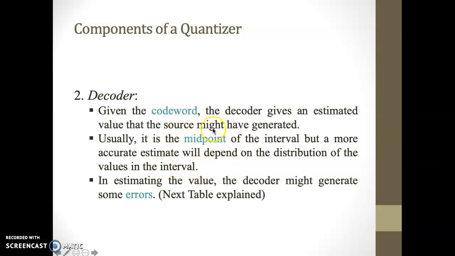So usually we take the midpoint of that particular interval to reconstruct the source. In estimating the value, the decoder might generate some errors. This is the error: the difference between the input signal and the output.